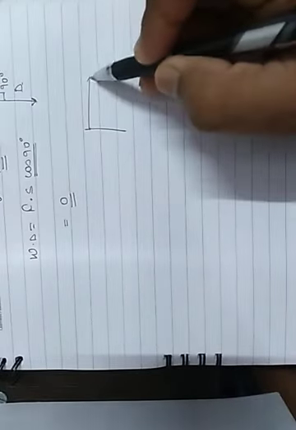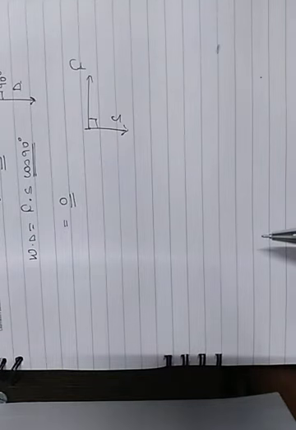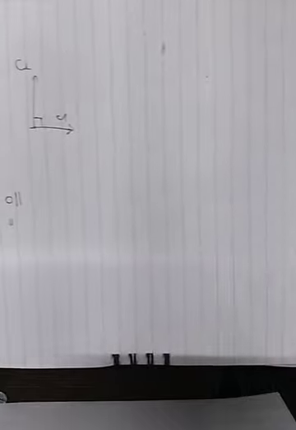So just remember this fact that whenever force and displacement are perpendicular to each other, then work done is 0. I will give you some examples.